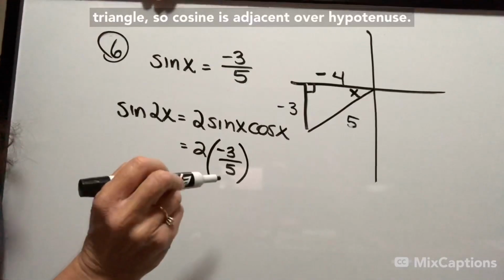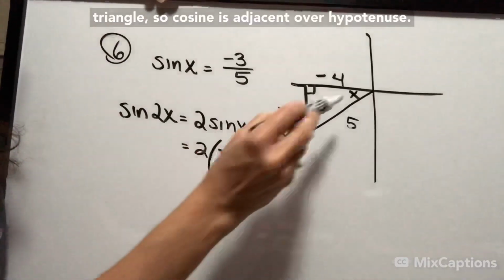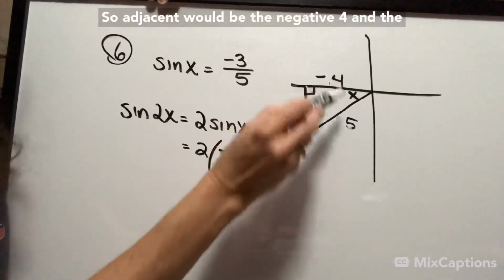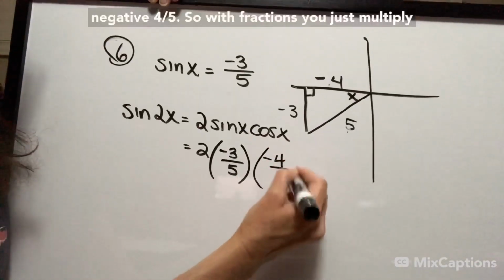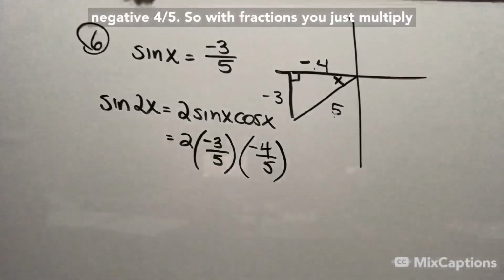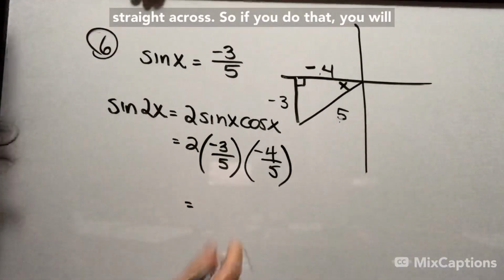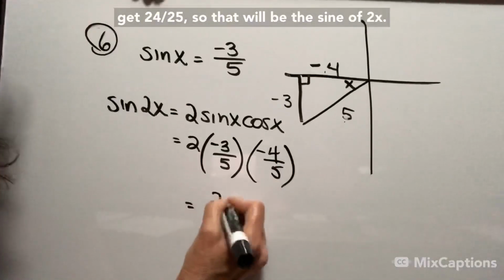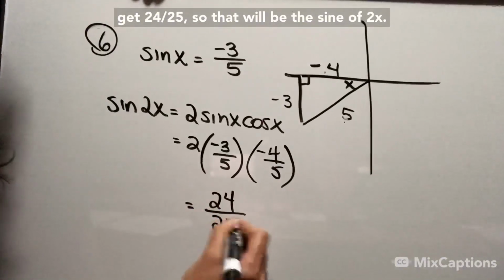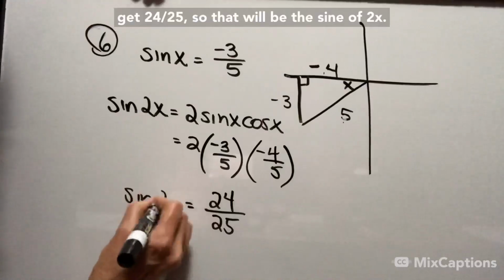So cosine is adjacent over hypotenuse. So adjacent would be the -4, and the 5 would be the hypotenuse. That would be -4/5. So with fractions, you just multiply straight across. So if you do that, you will get 24 over 25. So that will be the sine of 2x.